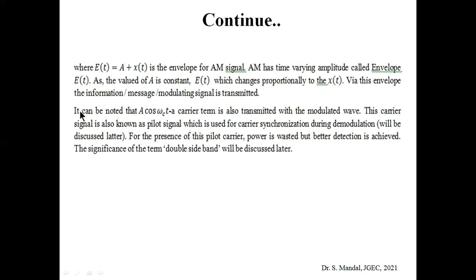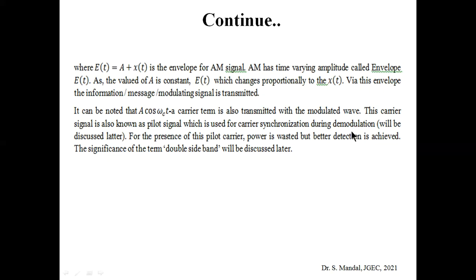Coming to the next point, it can be noted that A cos omega_c t is a carrier term. This is actually not the modulated wave, but a carrier term which is transmitted along with the modulated wave. This carrier is called the pilot signal, and you will find that it is very useful during demodulation in the receiver section.